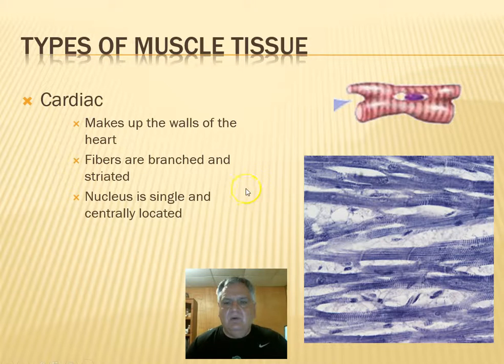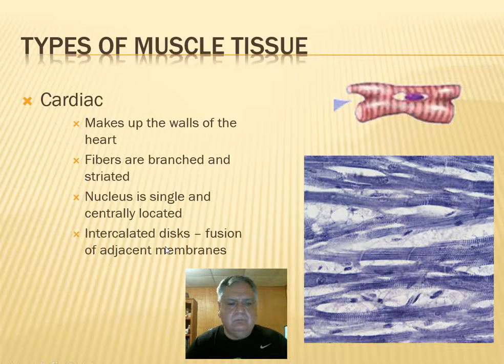Next up, we take a look at the nucleus, and we can see that the nucleus, again, just like smooth muscle tissue, is centrally located, and there's a single nucleus in each muscle fiber. Now, the muscle fibers in the heart tend to be almost, we might say, stitched together.